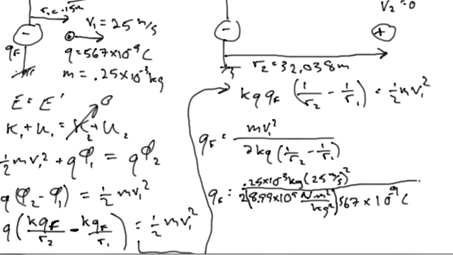And then times 1 over R2, which is 32.038 meters, minus 0.15 meters, 15 centimeters.